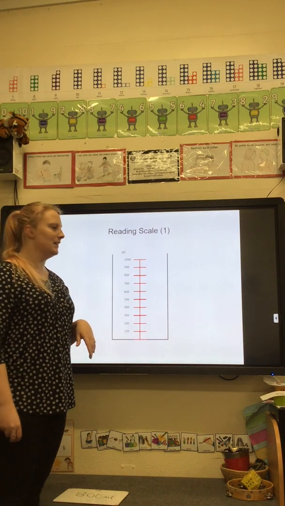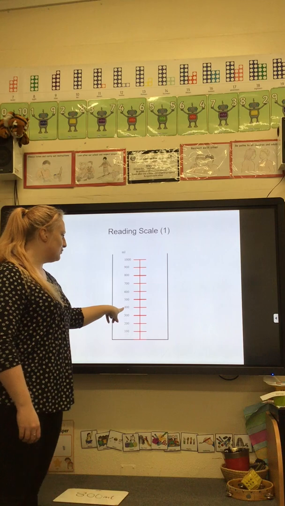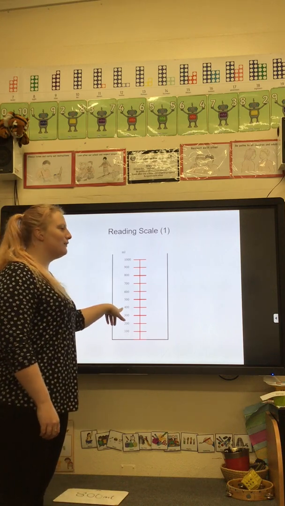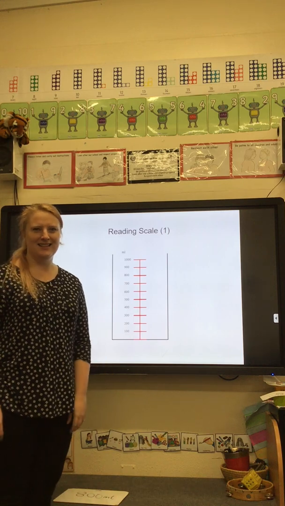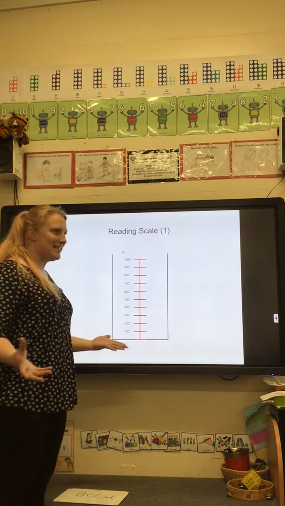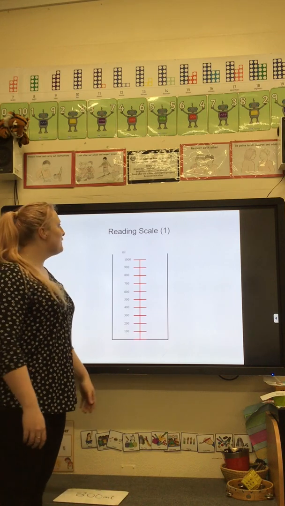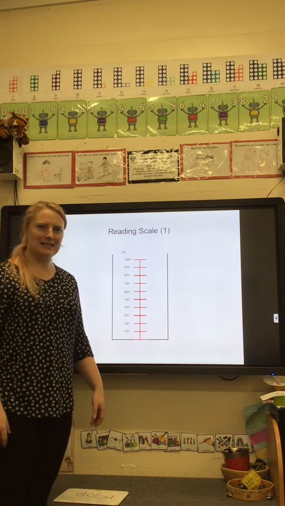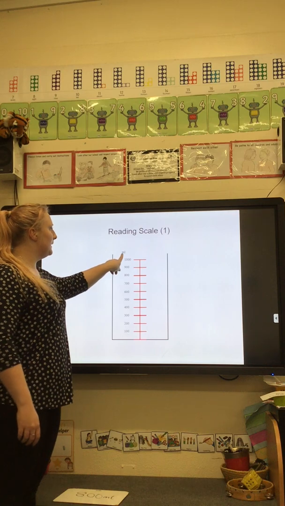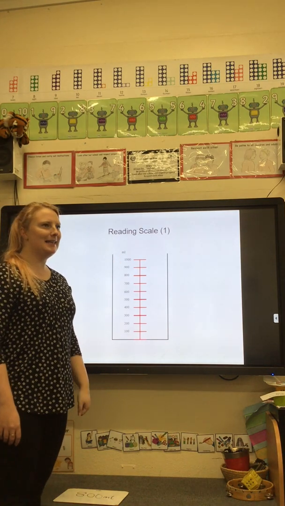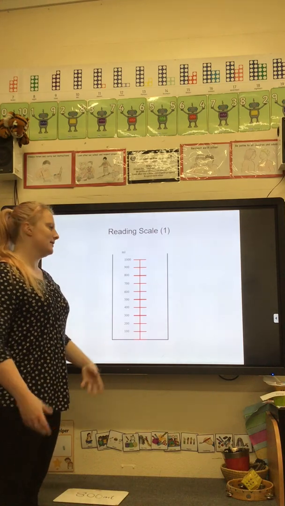Do we say we've got 400 sausages? No. Do we say we've got 400 elephants? No. What do we say? It's 400 what? 400 millilitres. And we write millilitres as an ML. Millilitres. It's a big word.